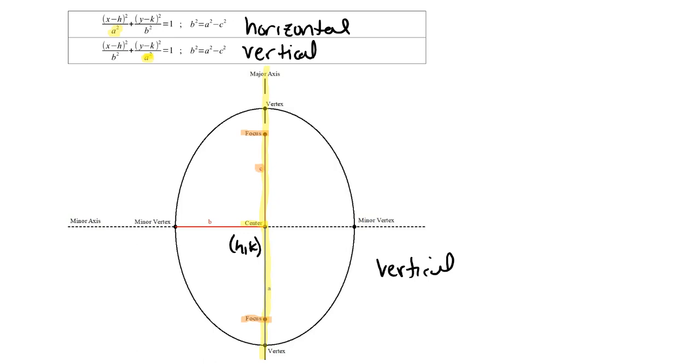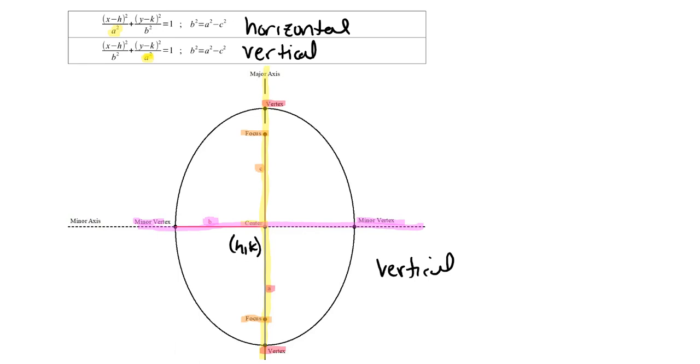So the distance between the center and the focus is C. And then a little bit further along, we have two vertices. Those vertices are equal distance, a distance of A. So the distance between the center and the vertex is A. And then going perpendicular to that, we have what we call the minor axis. And these minor axis vertices will have a distance of B from the center.